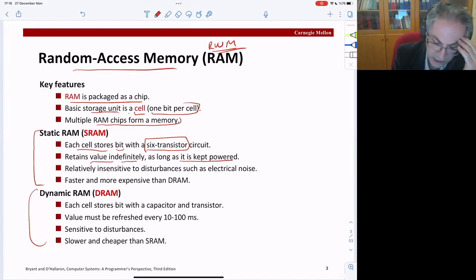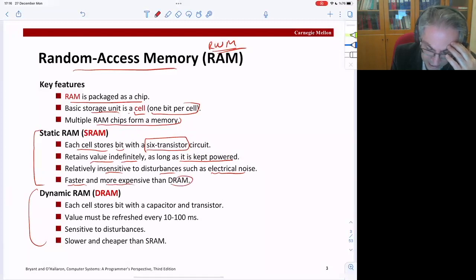It doesn't switch. Since it has this positive feedback loop in its design, it's relatively insensitive to disturbances such as electrical noise.